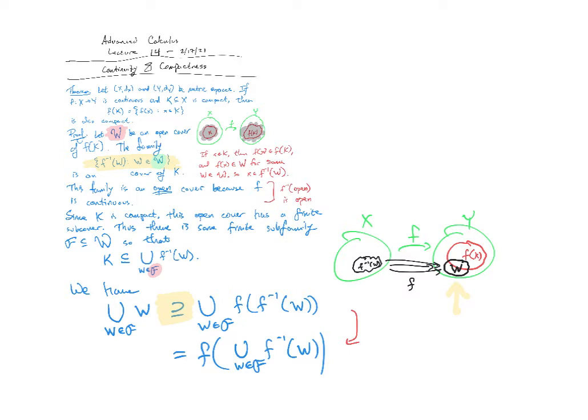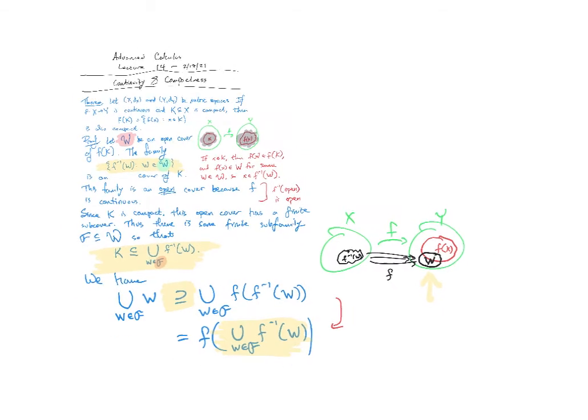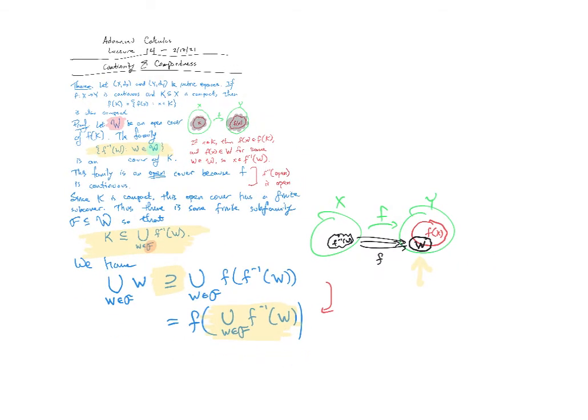Okay, now what do we know? We know that these pre-images, it's right here, those pre-images cover K. So K is a subset of that. So now I'm looking at images of a set. Well, I contain the images of any subset.